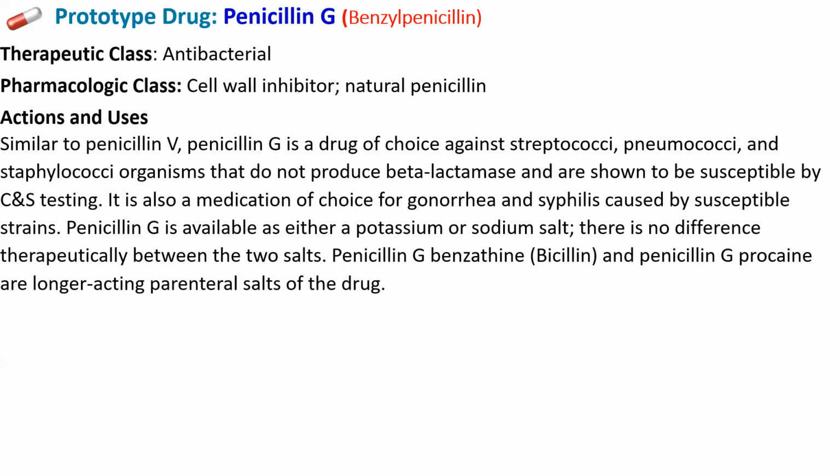So these penicillinase-producing organisms inactivate both penicillin G and penicillin V. They can destroy both types.